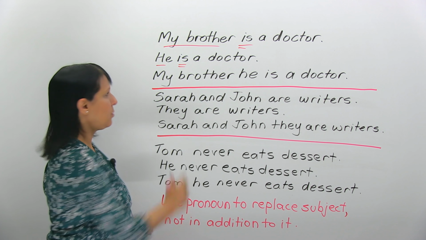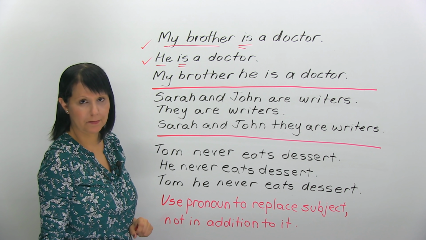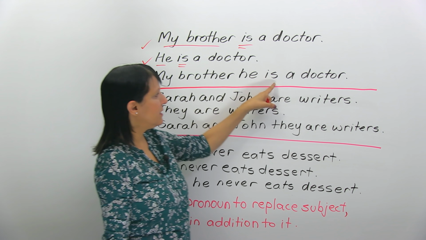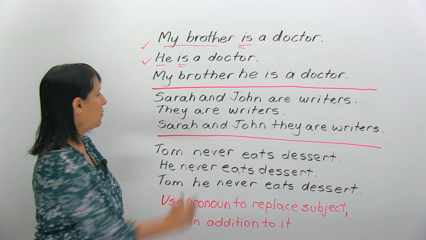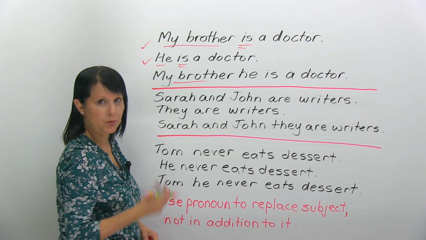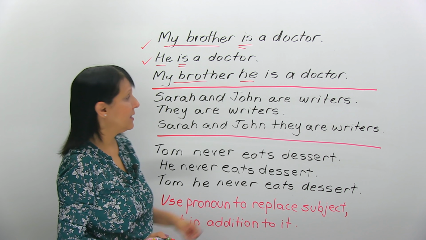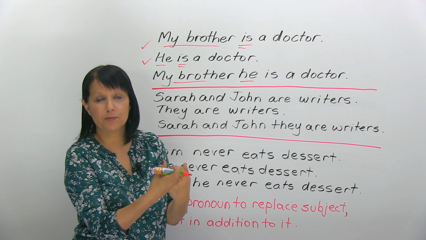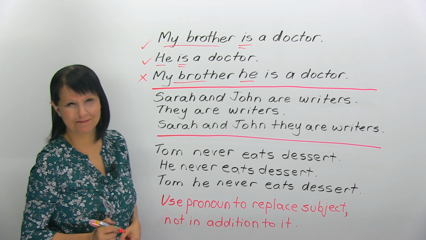But let's look at this one. So this was right, but let's look what happened here. Here it says, my brother, he is a doctor. So what's wrong there? Well, what happened is that you had brother, which was the subject, and you also have here he. And that's called a duplicate subject, using the subject more than once, which in English is wrong, okay?